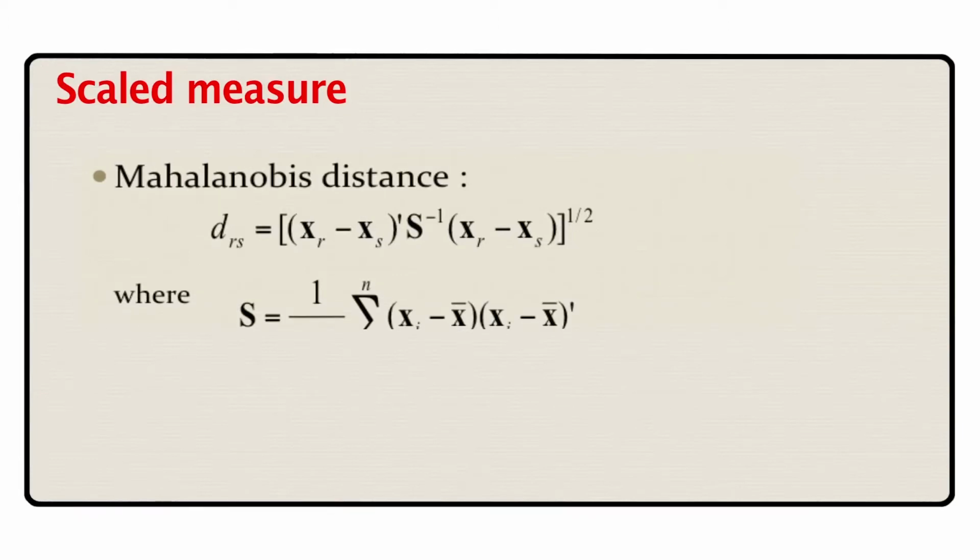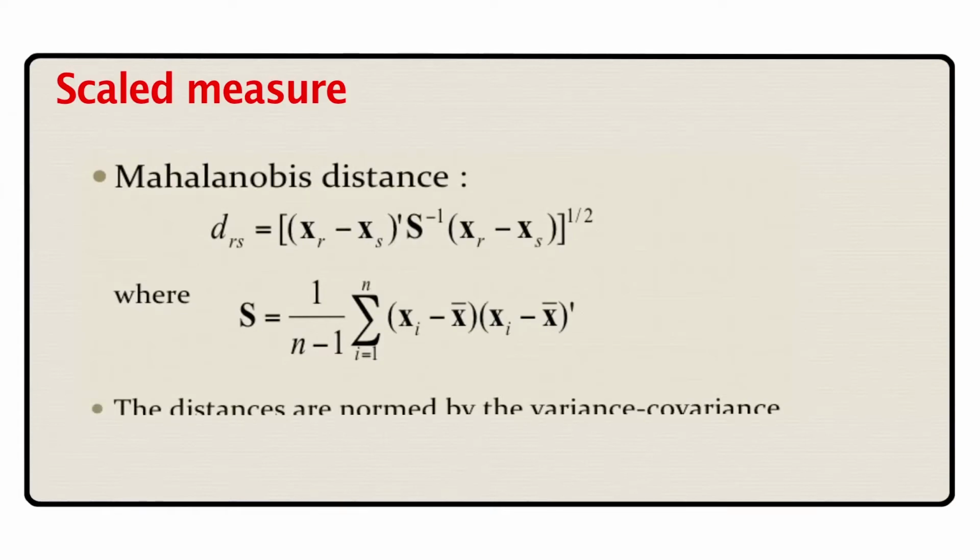Then we look at S. S is the standard deviation, or in this case the variance calculated between the different individuals in the grouping problem. So we take the inverse of S, which acts as a norming factor in this case.